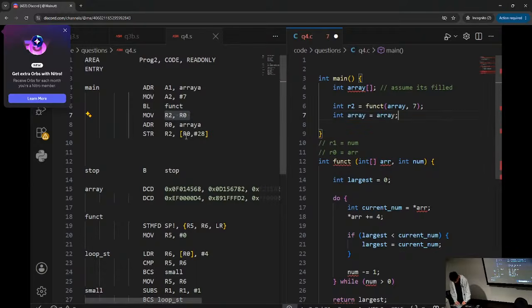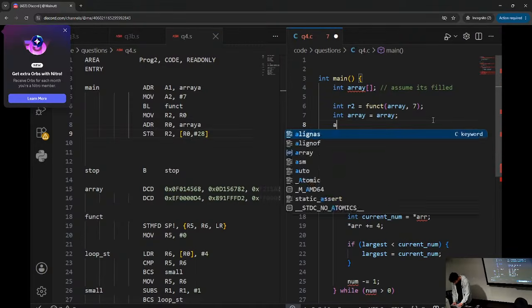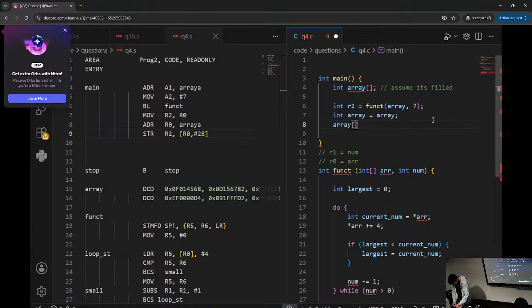So you find the address of array, and then we set the 28th index to be R2. What is the 28th index? What does that mean? Yeah, exactly. I can clean this up again. I can change the result, and all I did was set the seventh element of the array to be the largest element.